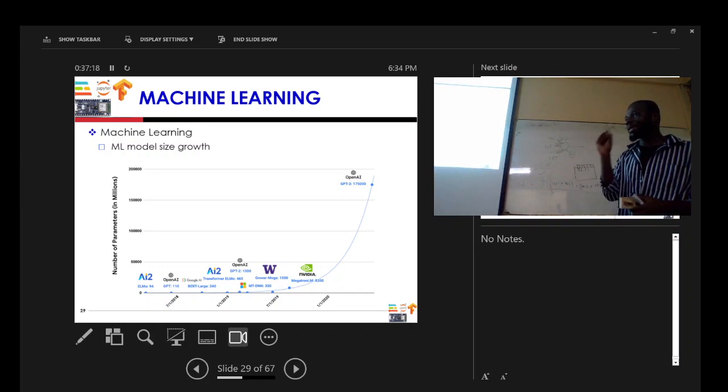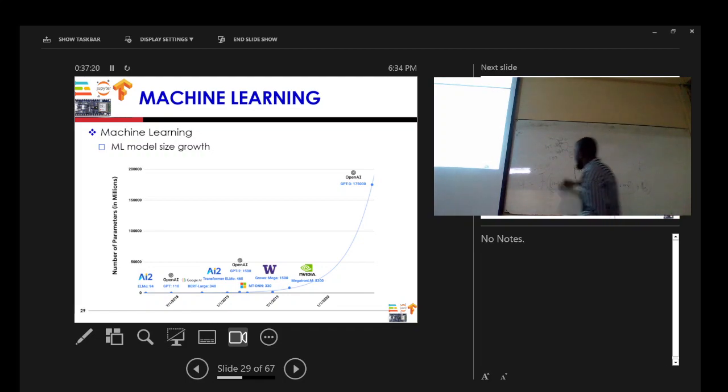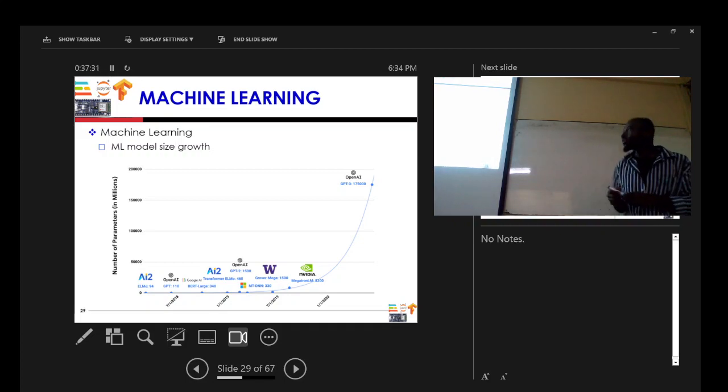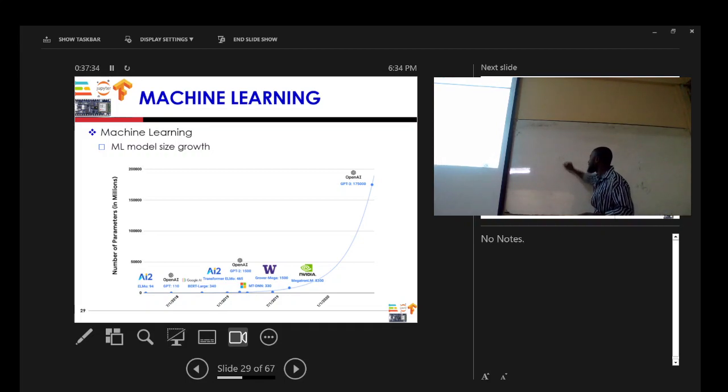Now, the important thing is that a parameter is stored in memory. So if you check our biases and our weights, why can't it fit into small devices? If you take my weight and my bias, it's a value.